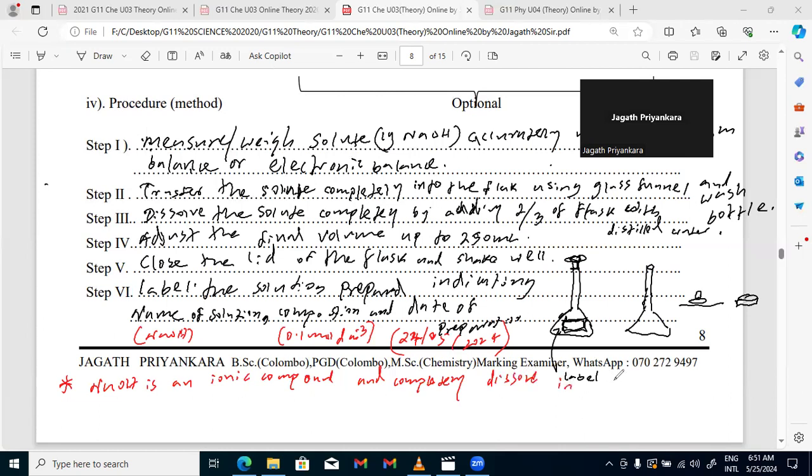It completely dissolved in water. Therefore, the solution prepared is what? Sodium hydroxide is a solid. If it is completely soluble in water, students, it is a solid liquid what mixture? Homogeneous or heterogeneous? Homogeneous mixture. Very good. It is a solid liquid homogeneous mixture.